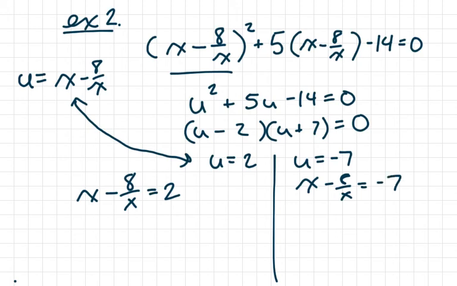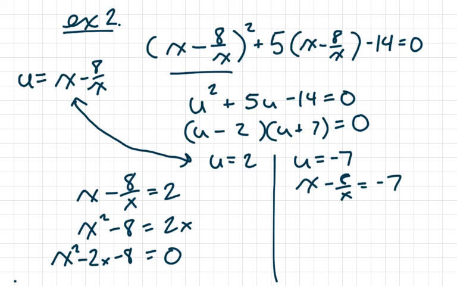Okay, let's solve. So what I can do here is I have an x in the bottom. So if I just multiply everything by x, that'll get that x out of the bottom. And I'll get x squared minus 8 is equal to 2x. And this turns into a quadratic that I can solve here. Minus 2x minus 8. I'm running out of room.